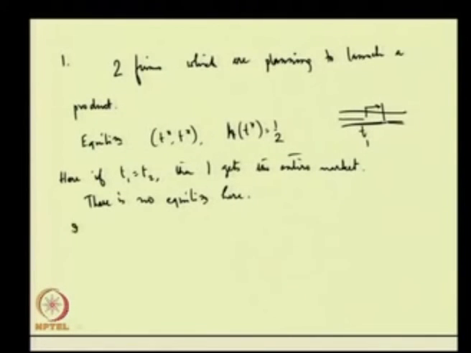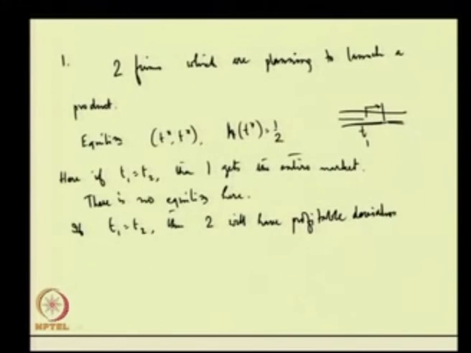The reason is that if T1 is equal to T2, then firm 2 will have a profitable deviation. The market entirely goes to firm 1, so firm 2 will choose a time which is less than T1 and will get some portion of the market, it does not matter what, but it will get some positive portion of the market. So, deviation by 2 is profitable.